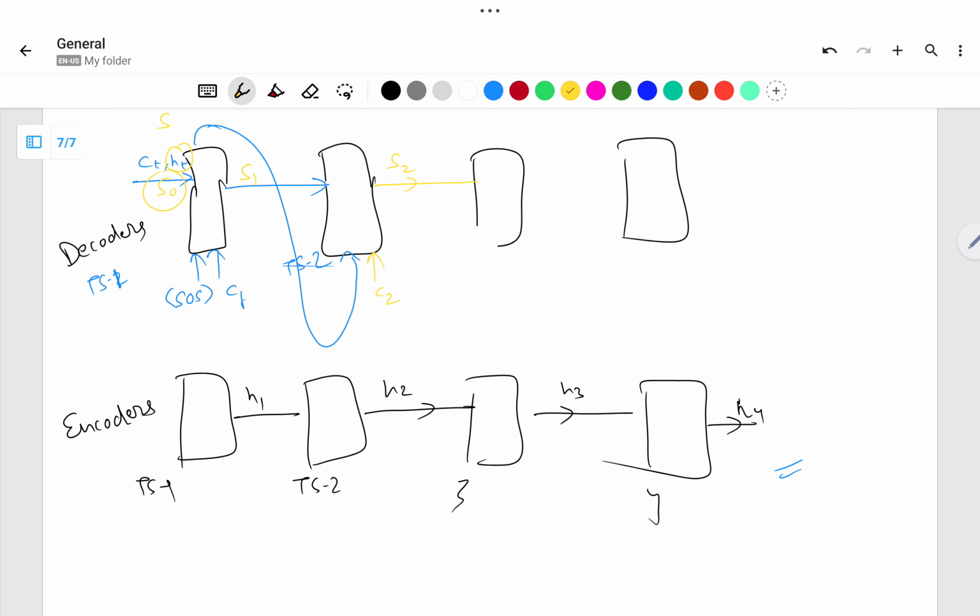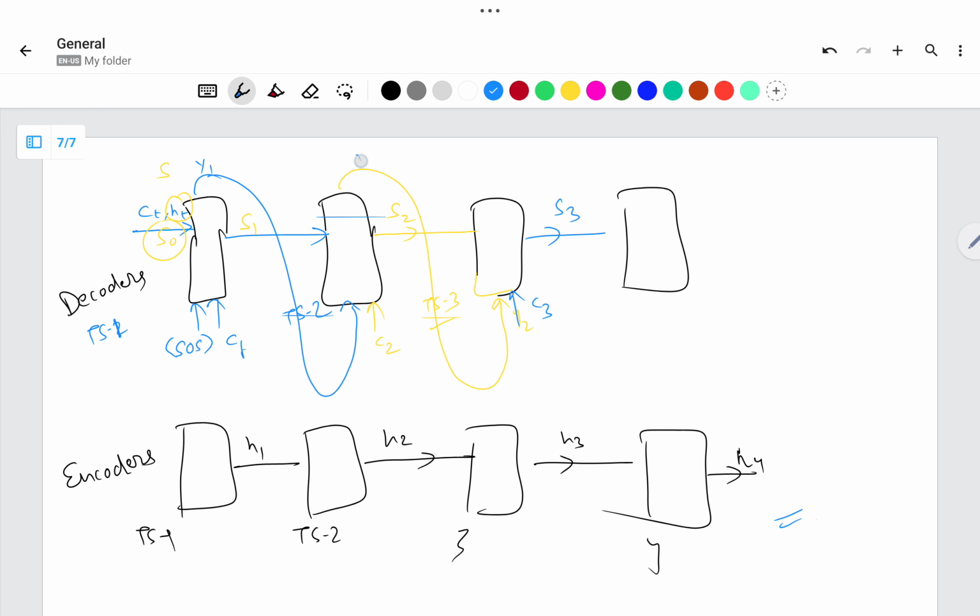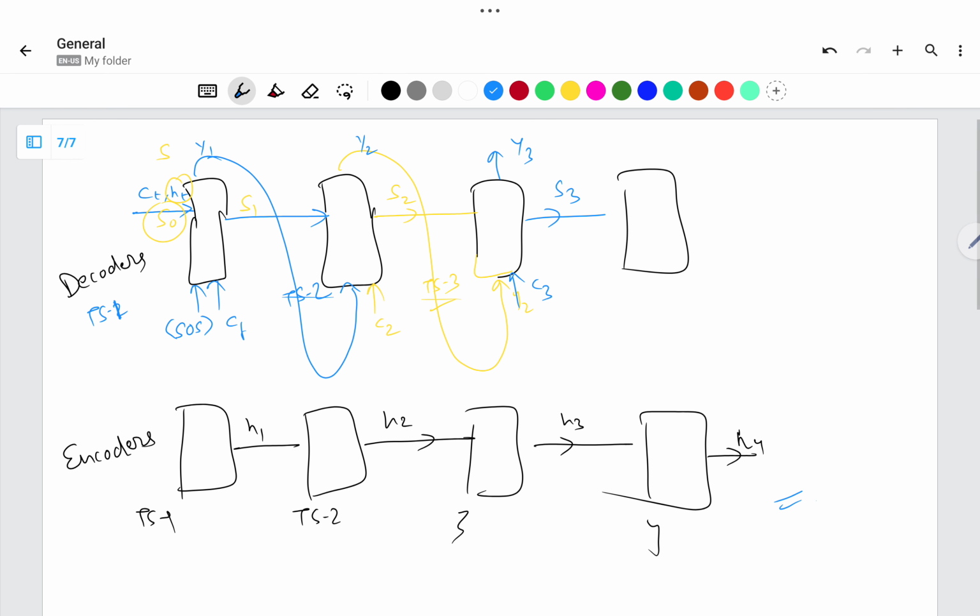Now S2, at time step 3, along with Y2 will go into it, and it will produce S3. Okay. Here C3 will also be going into it. Okay.